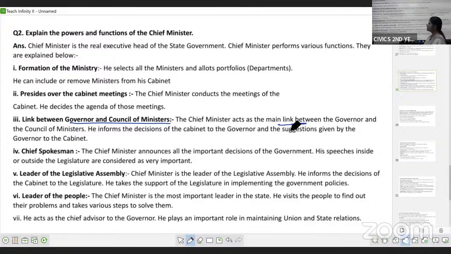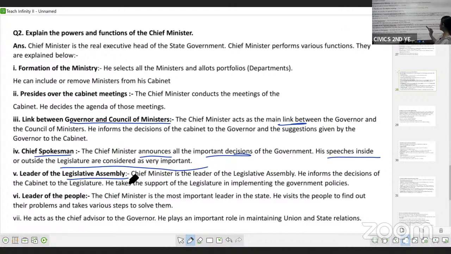Then he is the chief spokesman. All the important decisions of the government are announced by him. His speeches inside and outside the legislature are considered very important. Then he is the leader of legislative assembly.